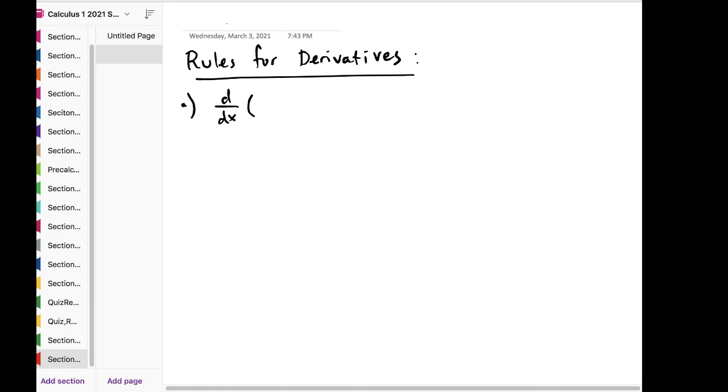And you remember the derivative of a constant? Yeah, it's 0. Why is it 0? Because a constant function means it doesn't change. So derivative is a measure of change. And if it doesn't change, well, of course it's 0.